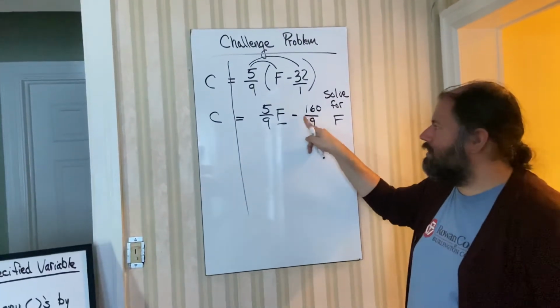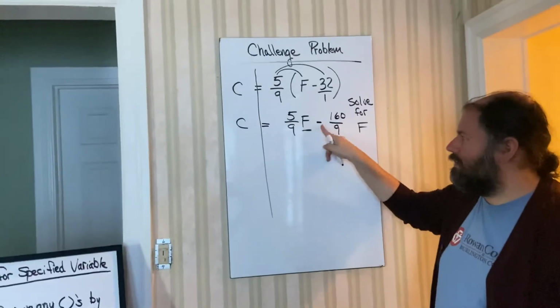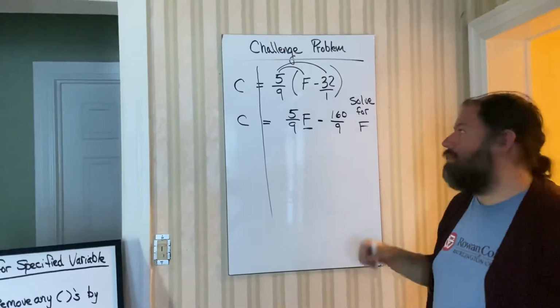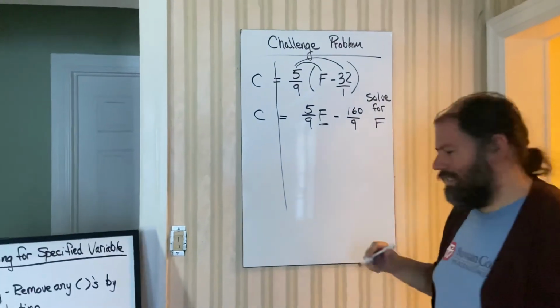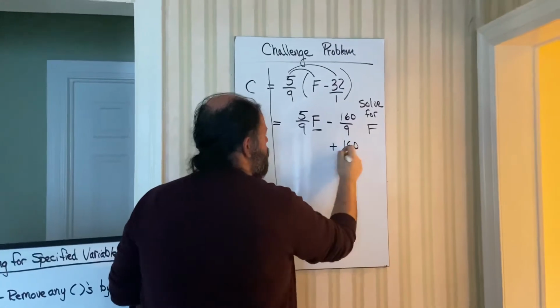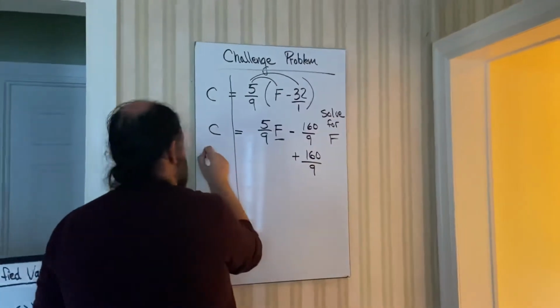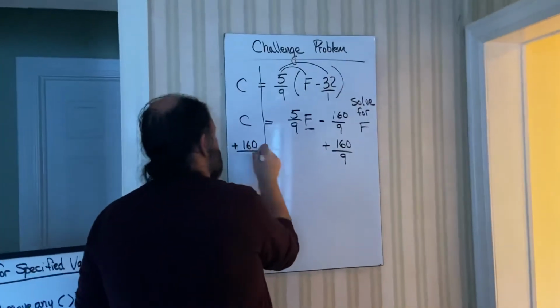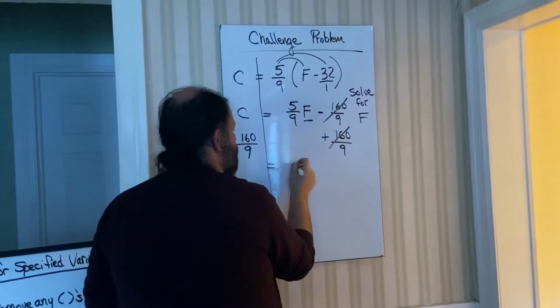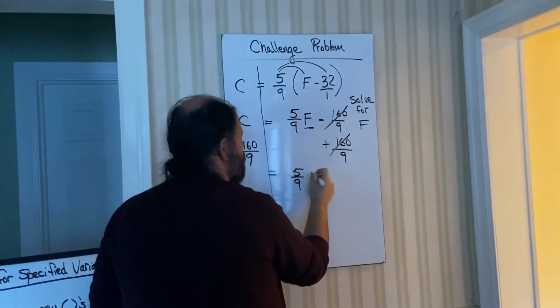So this subtraction is kind of like a negative for right this second. We're going to do the opposite, which means that you're going to add 160/9 to both sides. And remember, it's a balancing step, so I have to do the same thing over here. They cancel out. So I have 5/9 F.